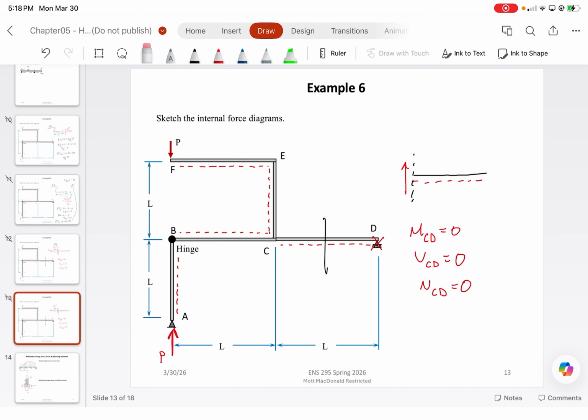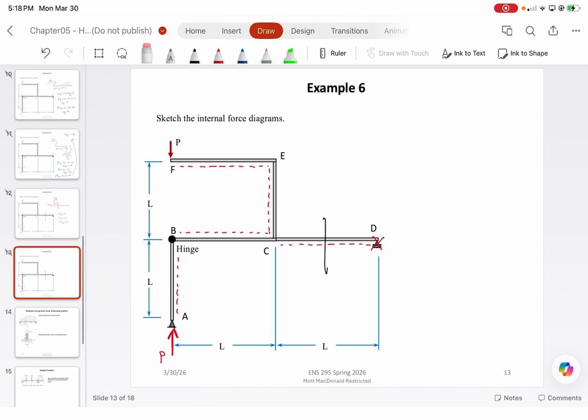So that would either be, look at everything like this, where this is our reference fiber. This is our force P. We draw our shear force going towards the positive sign convention, towards the reference fiber.